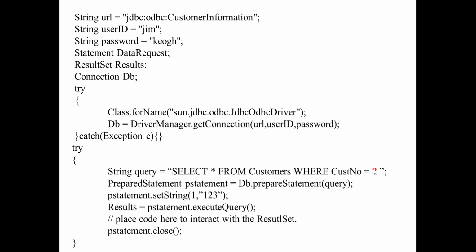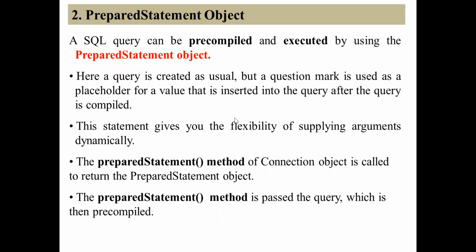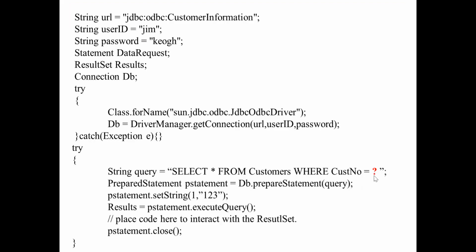So this is very important. What is the use of the question mark in the prepared statement? It is used as a placeholder for the value that is inserted into the query after the query is compiled. So we have to insert the value of the customer number.